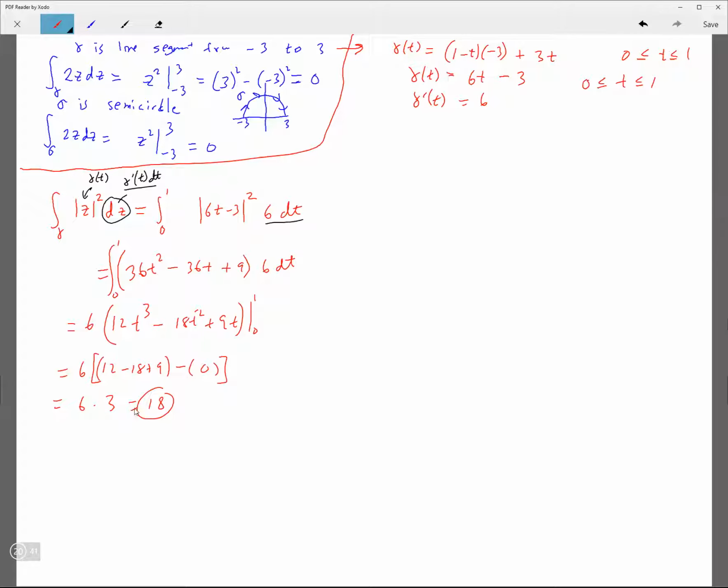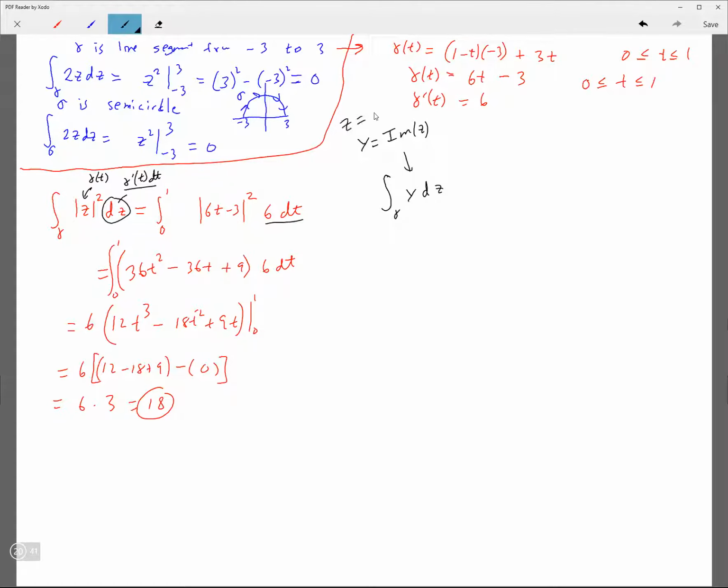And then another example is, let's suppose that you were just supposed to go gamma y dz. Okay, so by that, I mean y is the imaginary part of z.